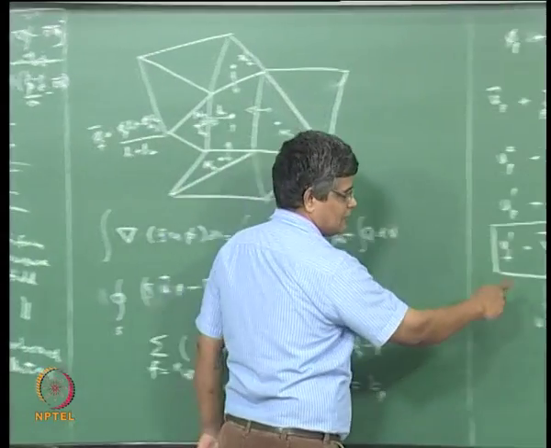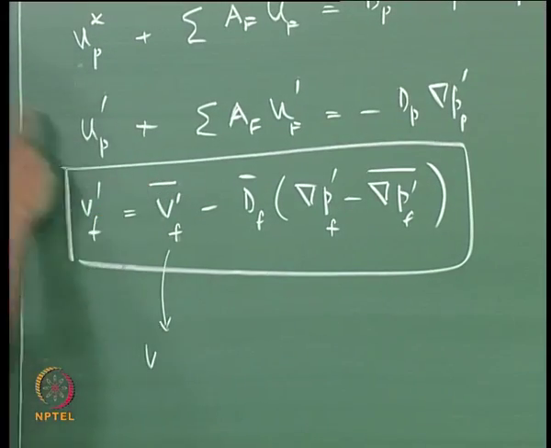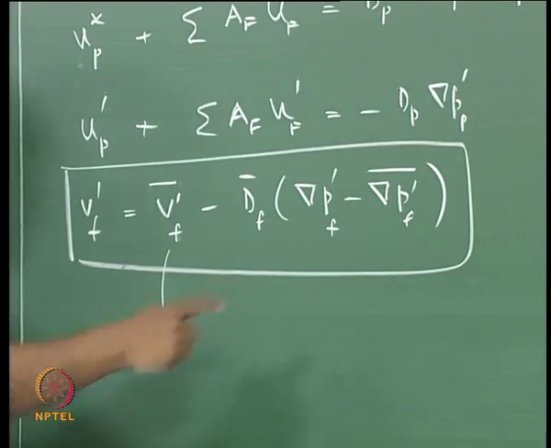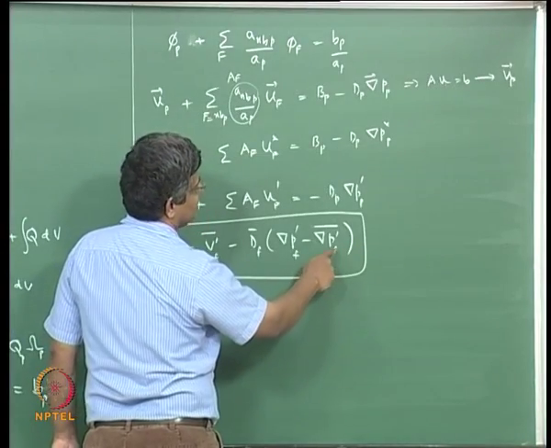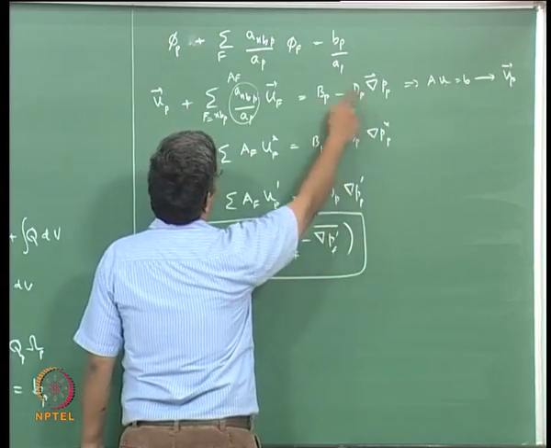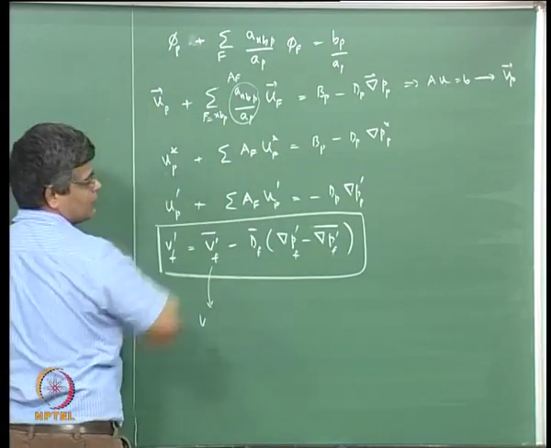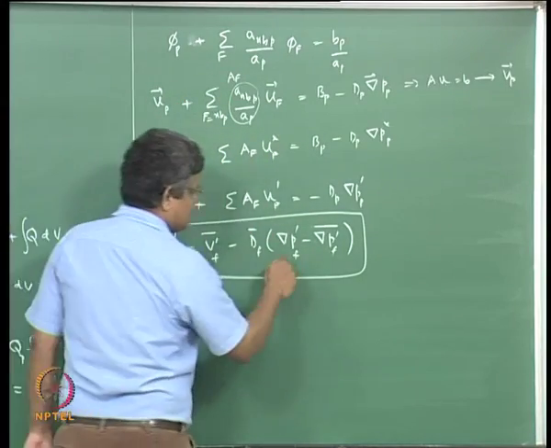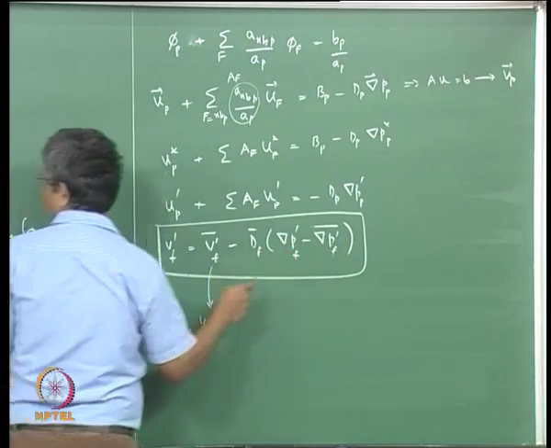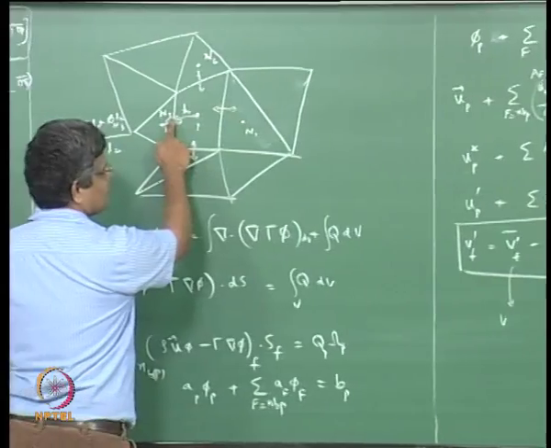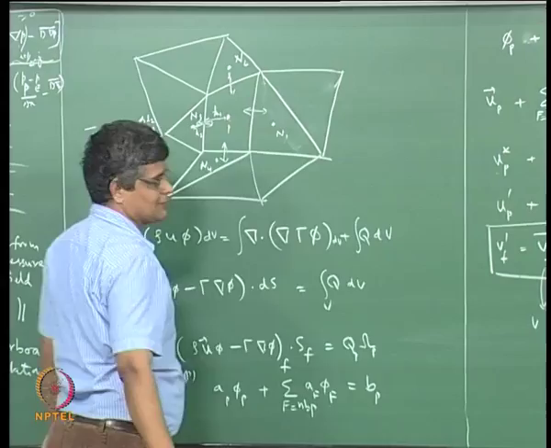So this value here is the velocity correction obtained from this type of interpolation. This pressure gradient term interpolated at the face is also based on the pressure gradient term coming into the momentum equation, and this particular one is the pressure gradient at the face value. So this will be evaluated as this minus this divided by this distance.